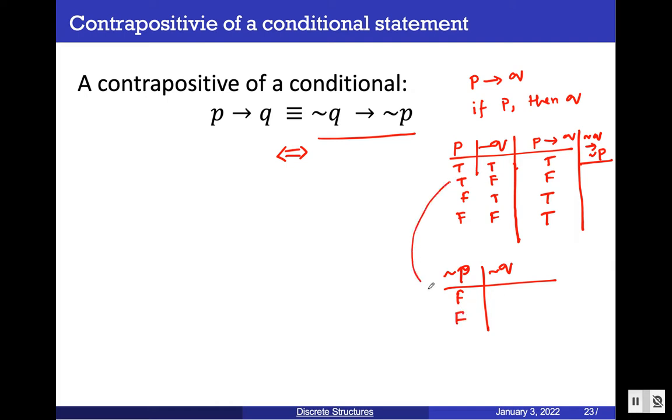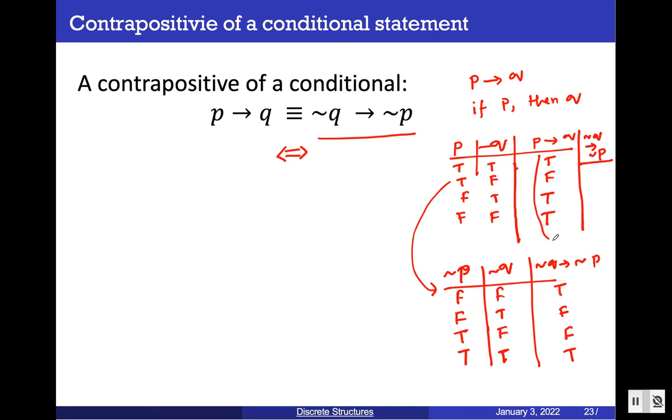We are actually translating it from here: false, false, true, true, and it will be false, true, false, true. So not Q implies not P. Sorry, true, true, it will be true. All right, true, false will be false. Now wherever we have false for Q, it is going to be true.